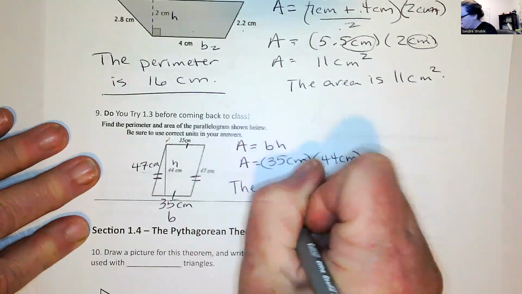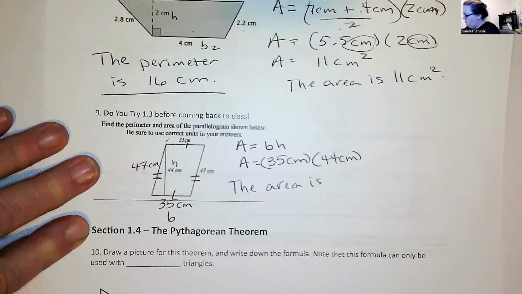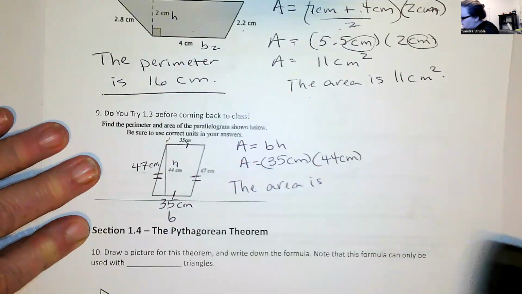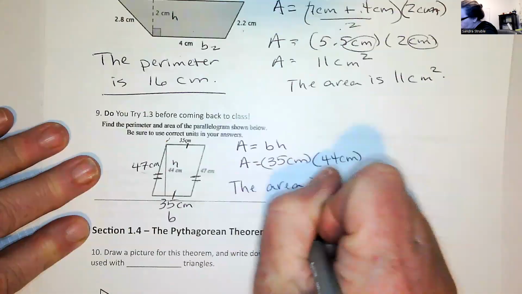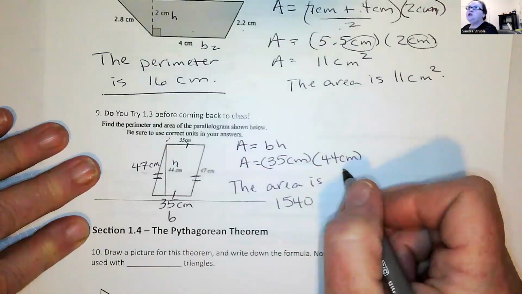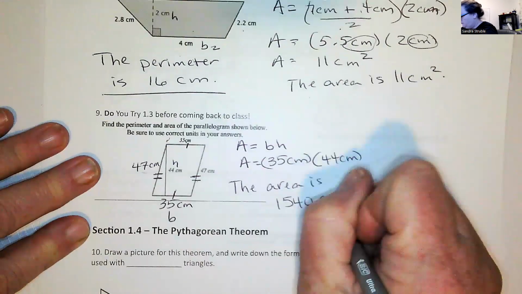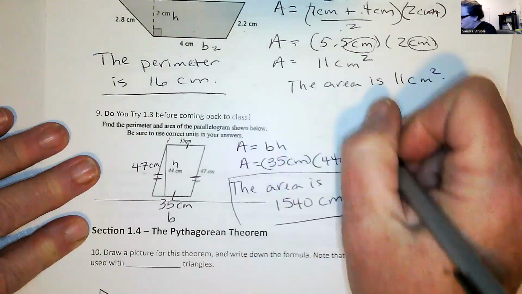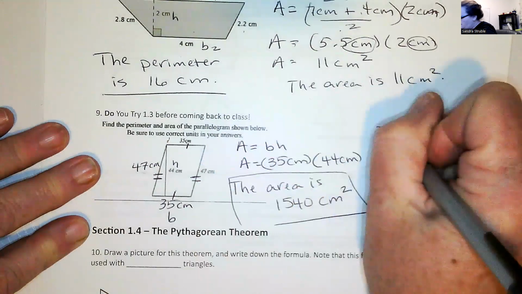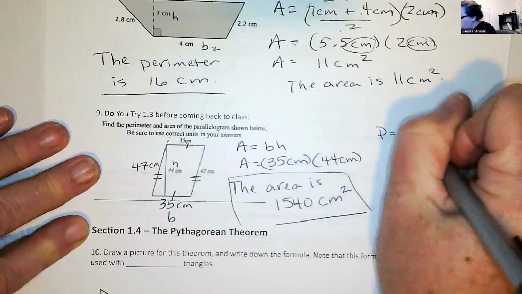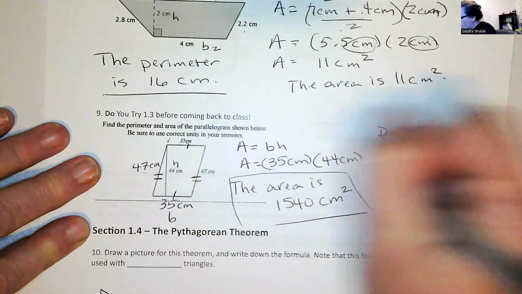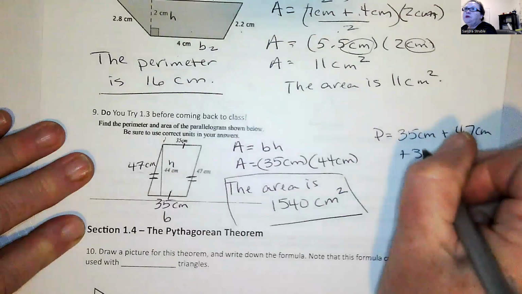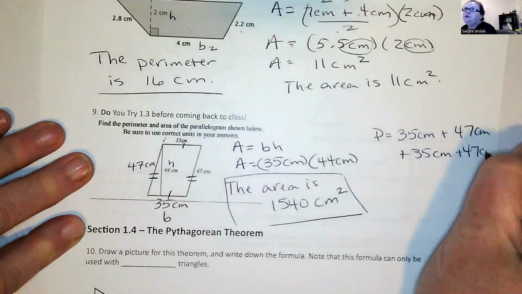So the area is 44 times 35, 1,540, and it's centimeters squared because it's area. There's that part. The perimeter is just 35 centimeters plus 47 centimeters plus 35 centimeters plus 47 centimeters.